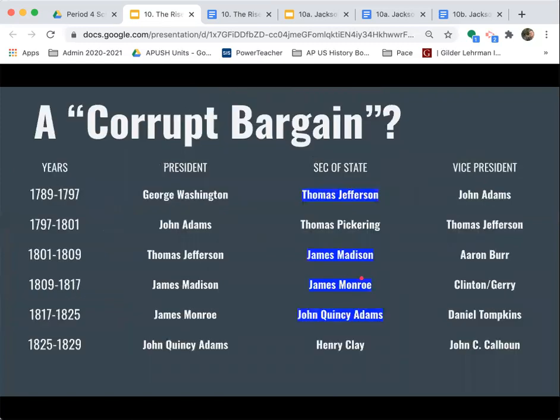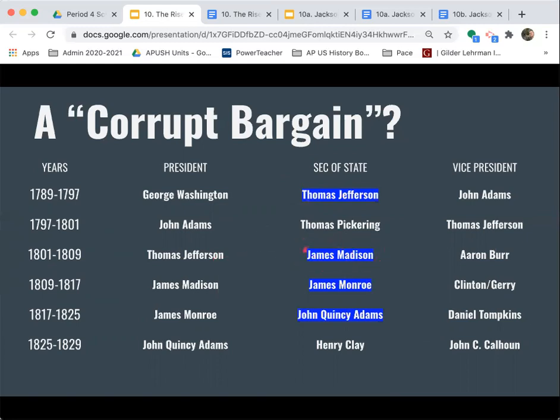And you might be asking yourself, what the hell is the big deal with the Secretary of State? Is it even that cool of a position? Let me show you why it is. George Washington's Secretary of State was Thomas Jefferson. Four years later, he becomes president. Thomas Jefferson's Secretary of State was James Madison.